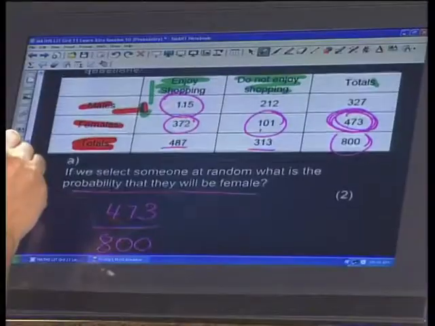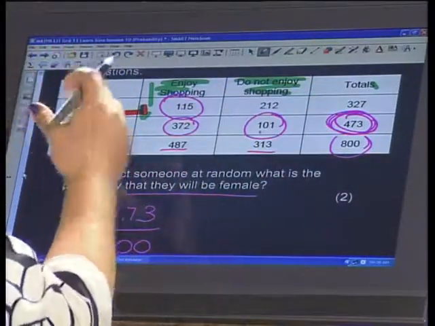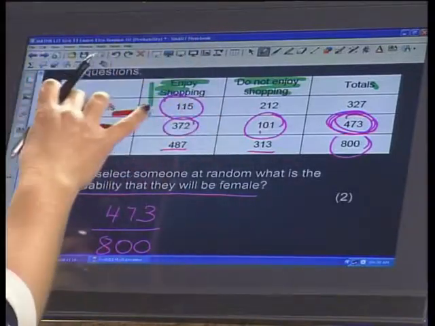Please be aware when you're answering these questions, very often they ask you for something that is impossible to occur. There might be a question that says, what is the probability that it was a cat that was surveyed? That does not occur, and very often your answer is going to be 0.